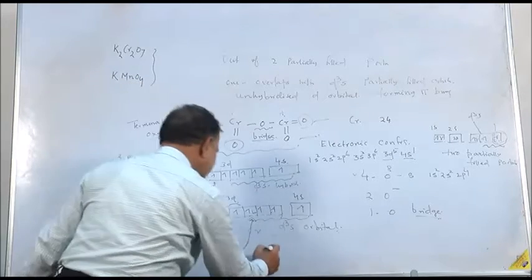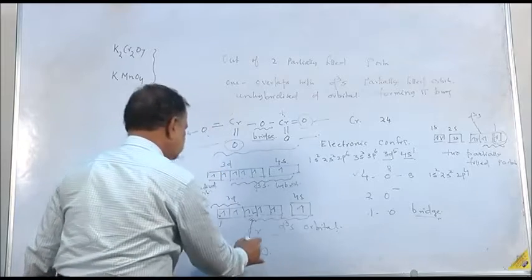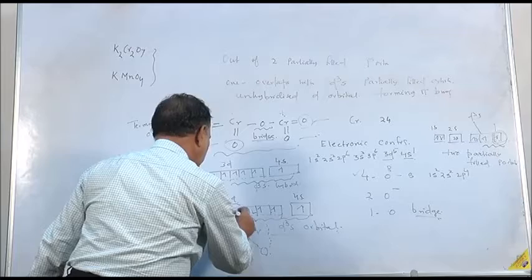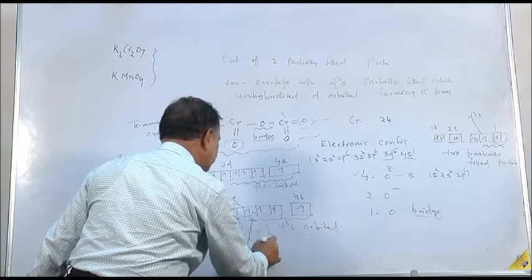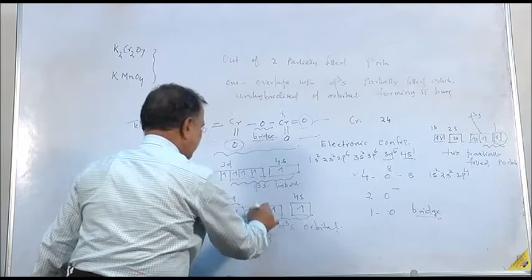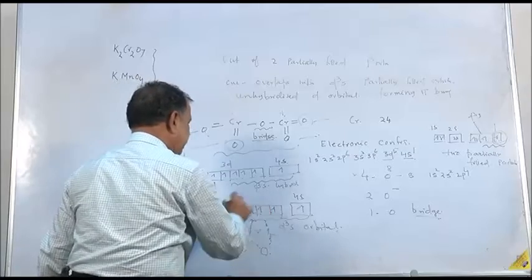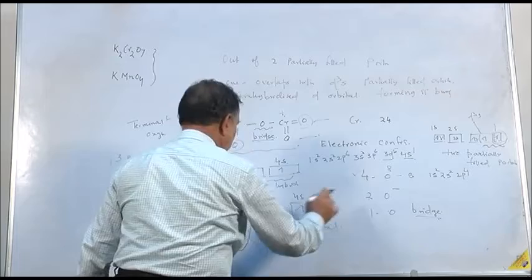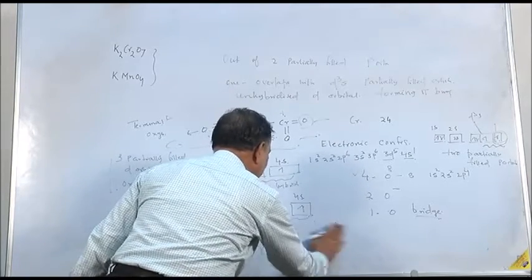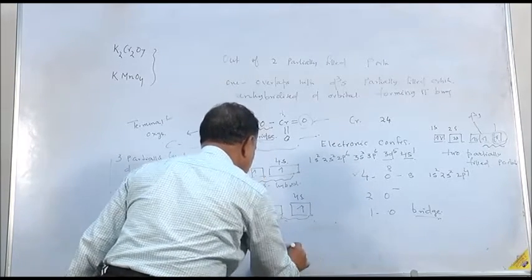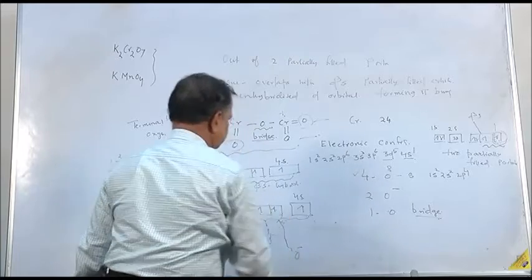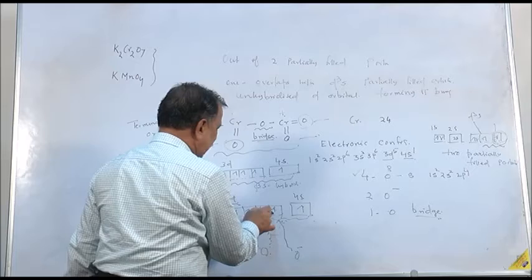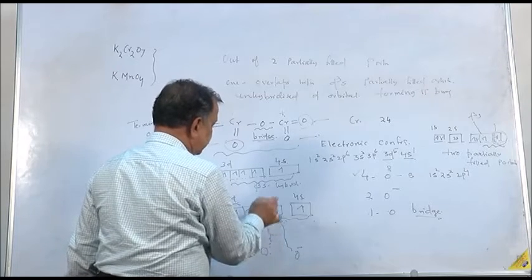Similarly, another oxygen goes to one hybrid orbital, and the other goes to an unhybridized orbital, forming a pi bond. The other goes to the d3s hybrid orbital, and this remaining one contains O minus. O minus has only one orbital, so O minus comes to the hybrid orbital of d3s.